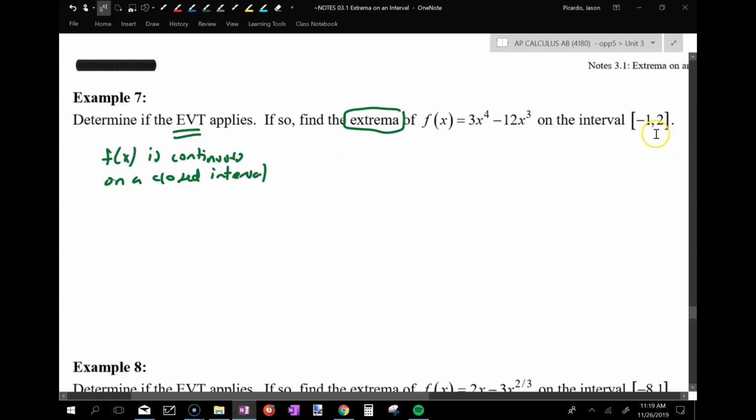Shouldn't we figure out what those values are? By the way, we called endpoints critical values, didn't we? So we have critical values of f of -1 and f of 2. Those are my endpoints.